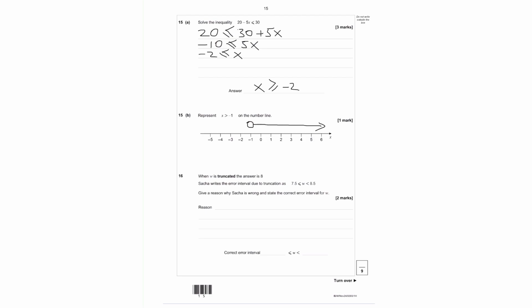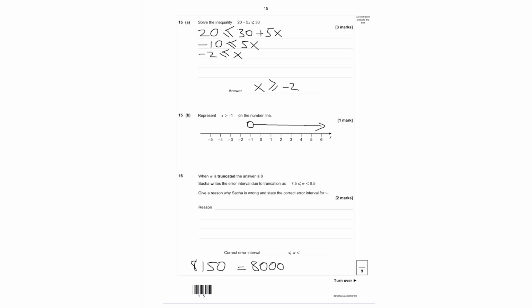Truncation, however, is where we just remove digits from the end of a number and keep the first digit. So what do I mean by that? If we had 8,150, we could truncate it so it becomes 8,000, where we just keep the first digit and basically turn everything else into zeros.